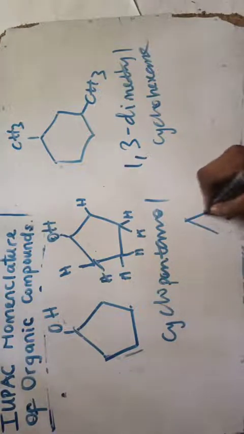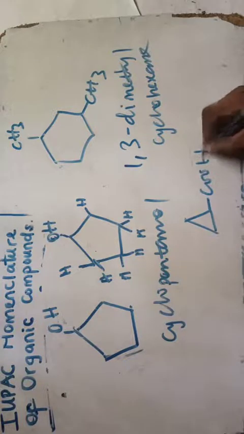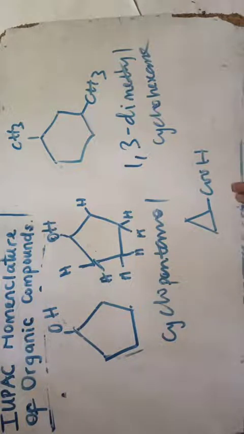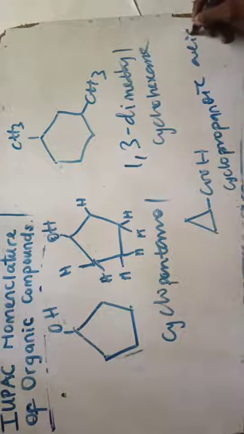Okay, so what about if I have something like this and I have COOH? This is very simple. This is just cyclo, 1, 2, 3, propanoic acid.